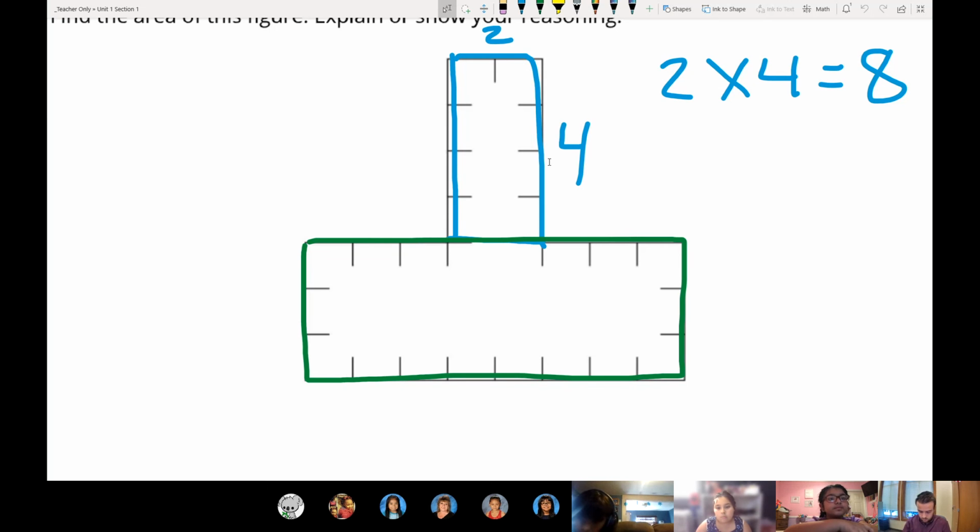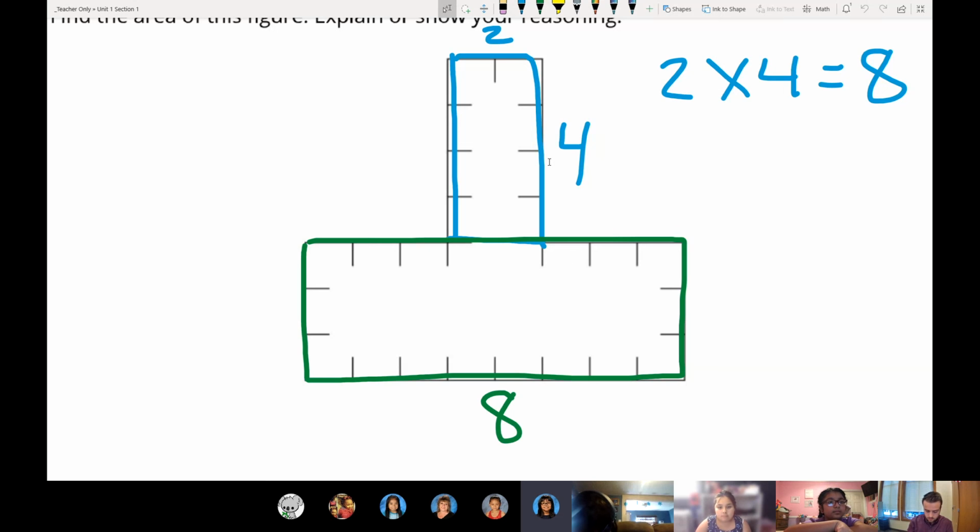How many rows does it have? 8. Rows or columns? Columns. Yeah, 8 columns.